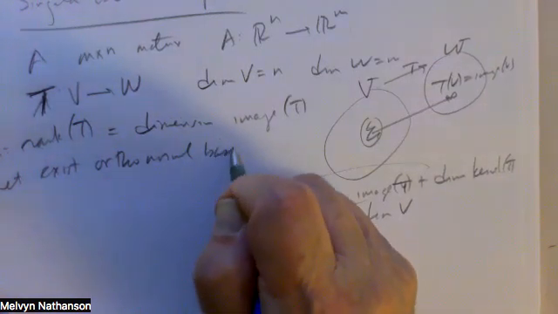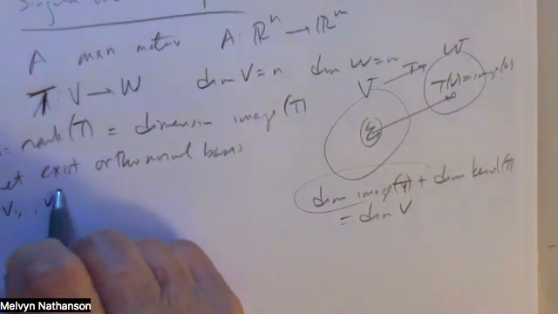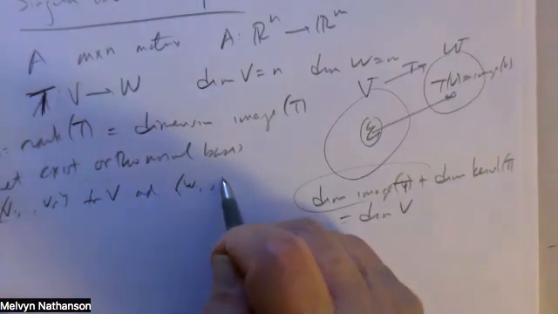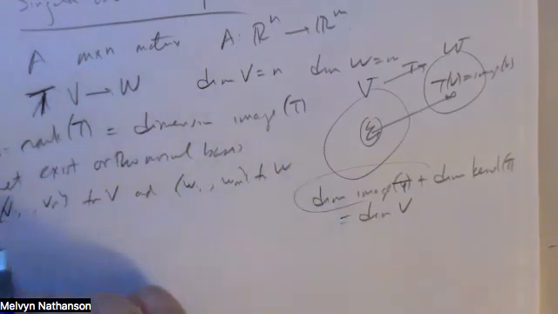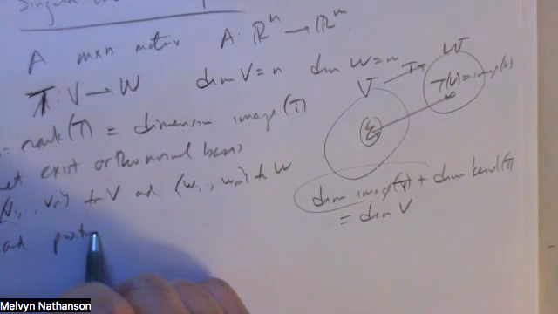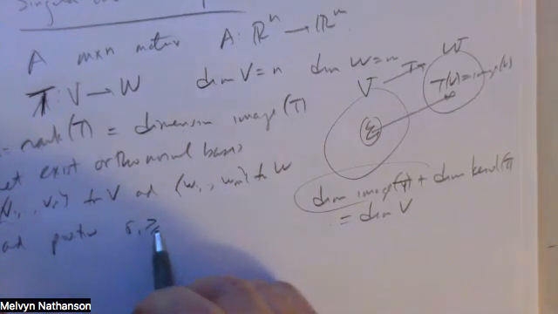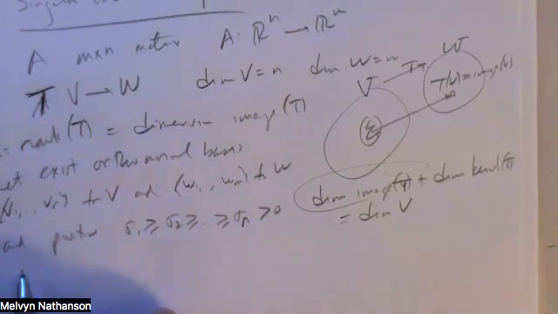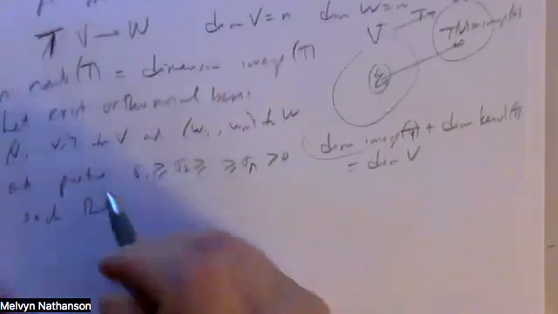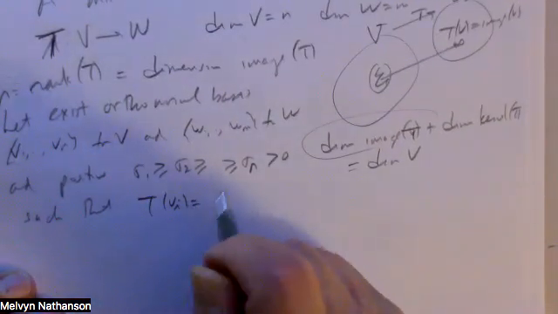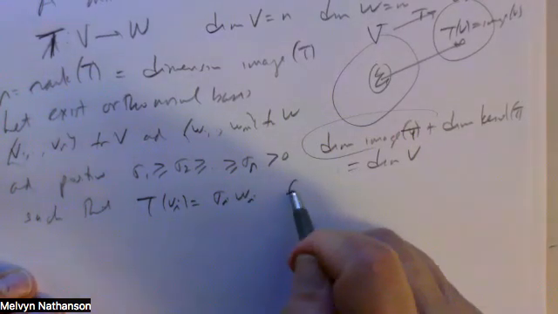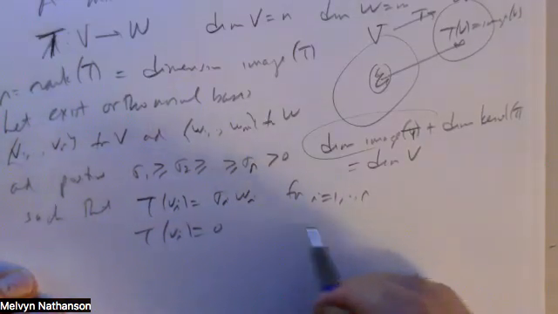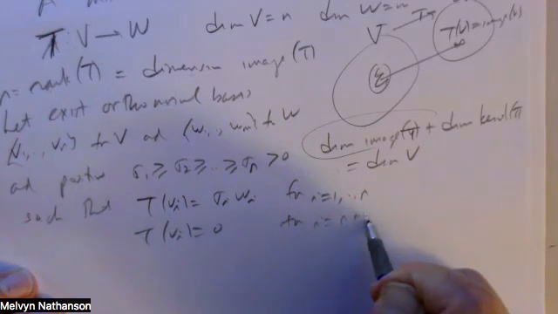So suppose r is the rank of this linear operator. There exist orthonormal bases v1 up to vn for V, and w1 up to wm for W, and positive real numbers sigma 1 greater than or equal to sigma 2 greater than or equal to ... sigma r greater than 0, such that T of vi is sigma i wi, for i going from 1 up to r, and T of vi is 0, for i going from r plus 1 to n.